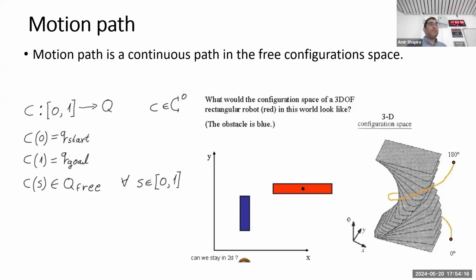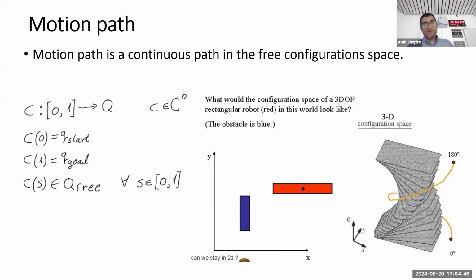Although the entire task space is two-dimensional, the configuration space in this case is three-dimensional. And sometimes if we want to navigate a box in a 3D space, the task space will be three-dimensional, but the configuration space will be six-dimensional: X, Y, Z, and three rotations.